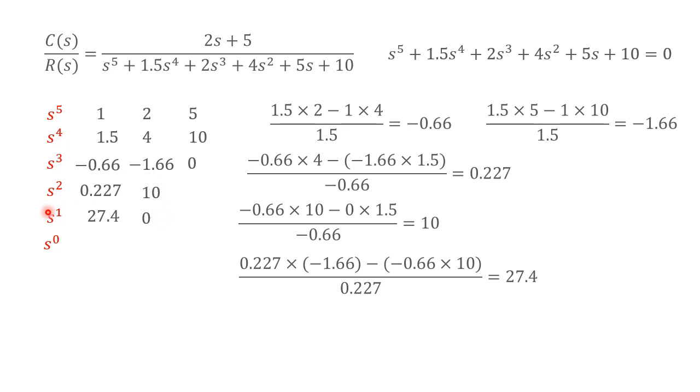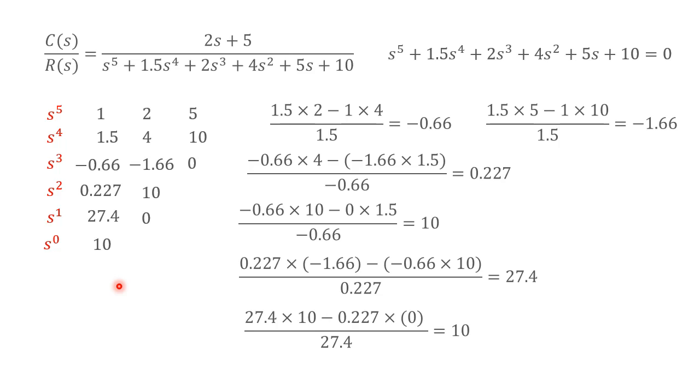Now the similar case is happening there, so it will become 10. We can calculate it also, but we will get the same thing because it is going to be multiplied by 0, so there is no meaning of this term. And after multiplying, we are going to divide it by this term also, so it will remain 10 only.